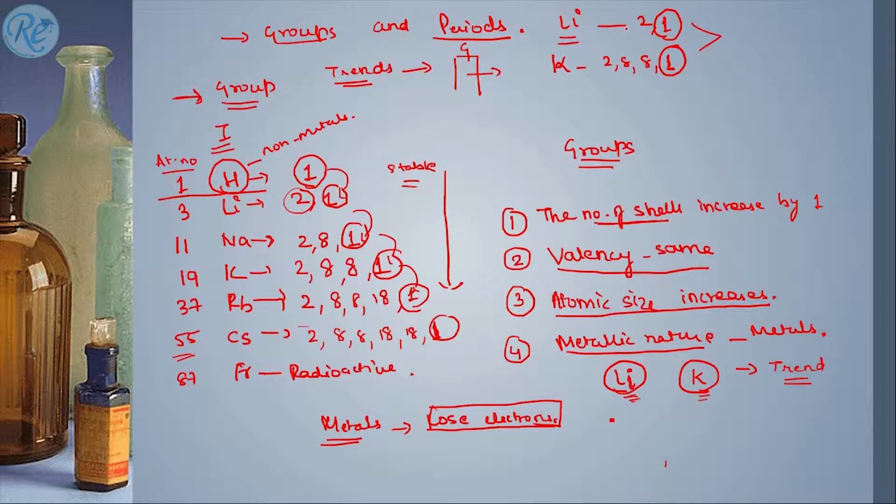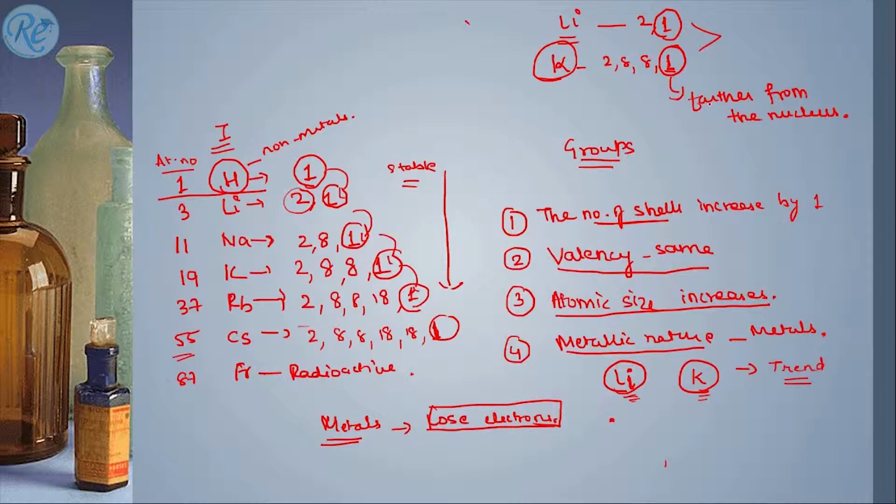Now tell me, for which of these two is it easier to remove this electron? Of course, it is for potassium. Now you'll ask me the reason, and the reason is that potassium can easily lose this 1 electron because this electron is farthest from the nucleus.